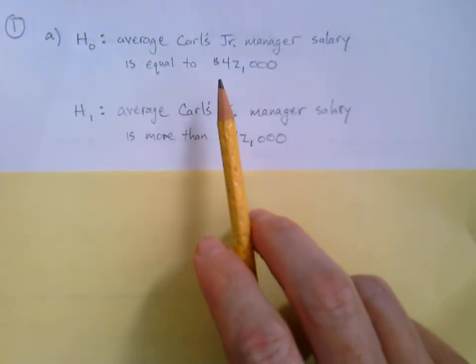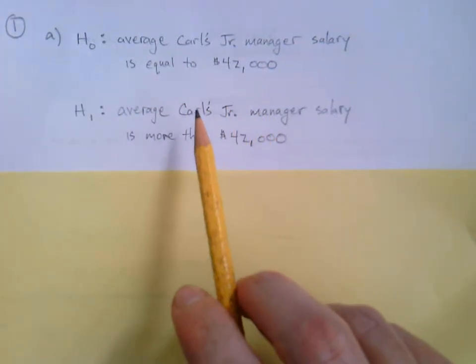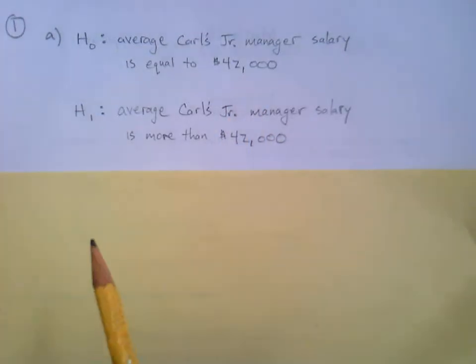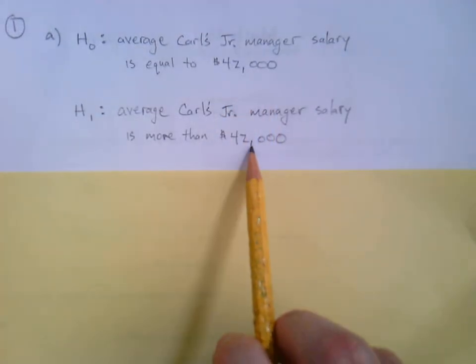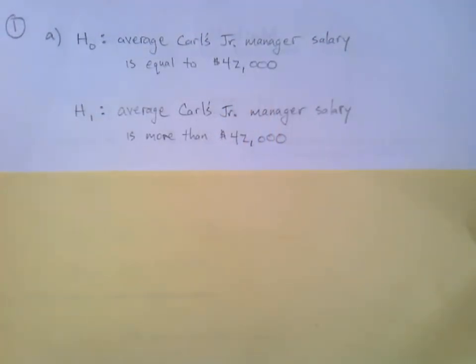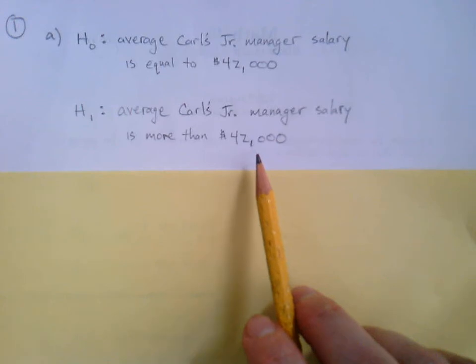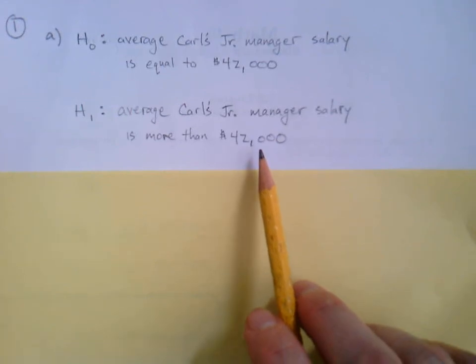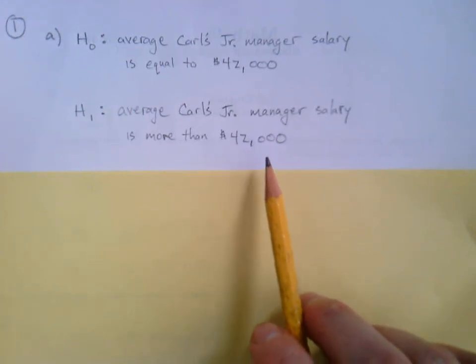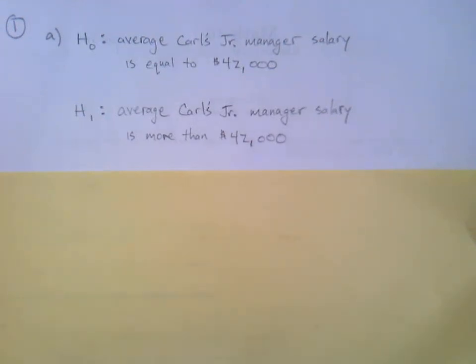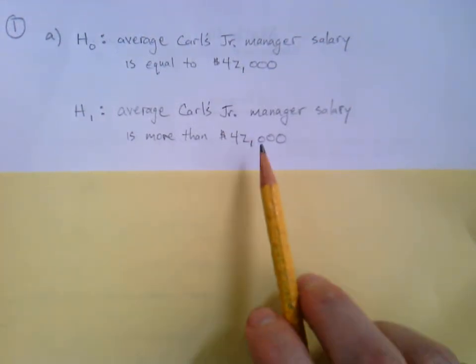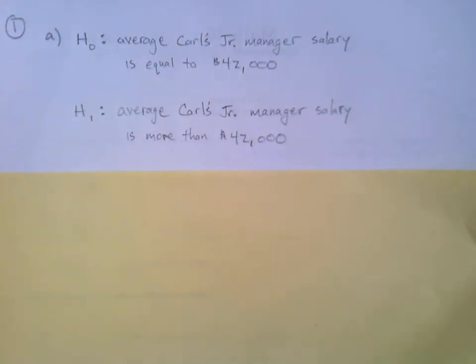If you think back to that Carl's Jr. manager example, right? Those 30 managers averaged more than 42,000. But the question is, is that enough evidence? So sure, 30 of them averaged a little bit more, but did they earn enough more that we can say it looks like Carl's Jr. really is paying people more than other fast food managers, right?